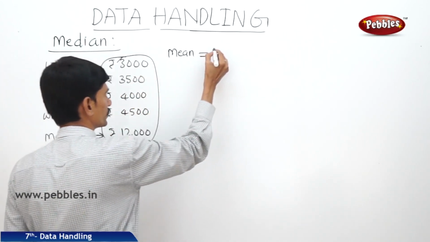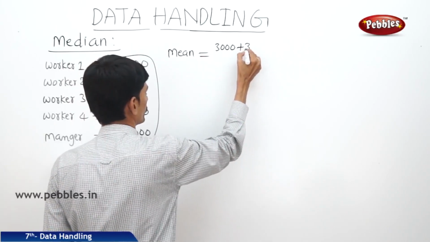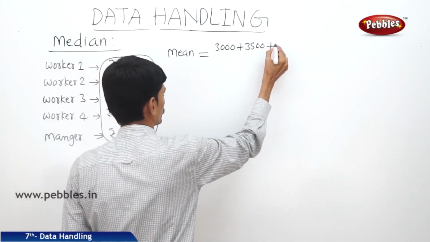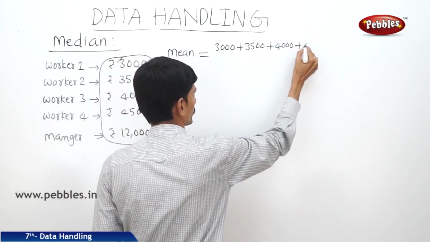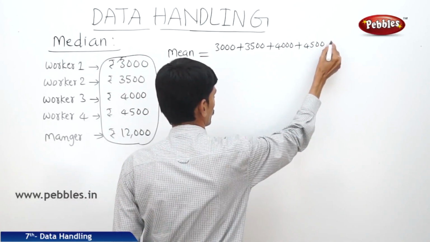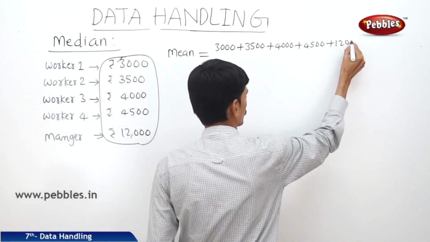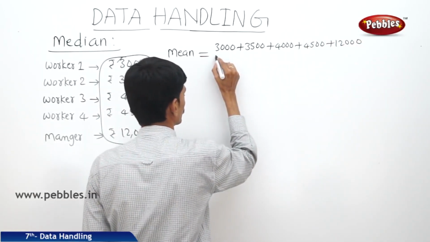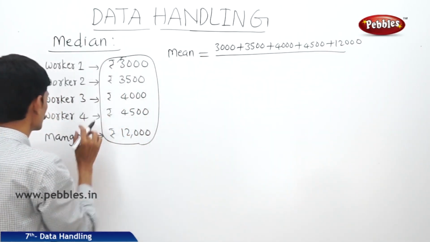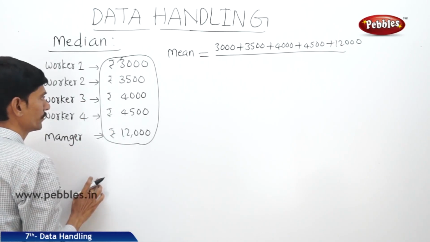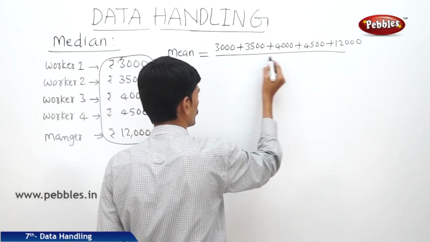So 3000 plus 3500 plus 4000 plus 4500 plus 12,000, divided by the number of employees. There are 4 workers and the manager, so 5 employees, 1 2 3 4 5 observations.